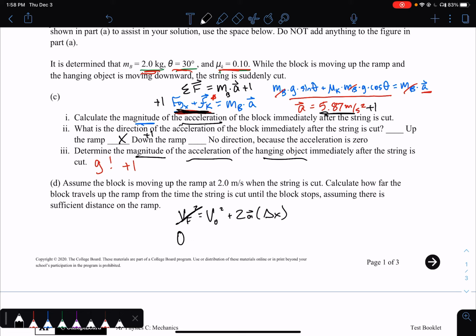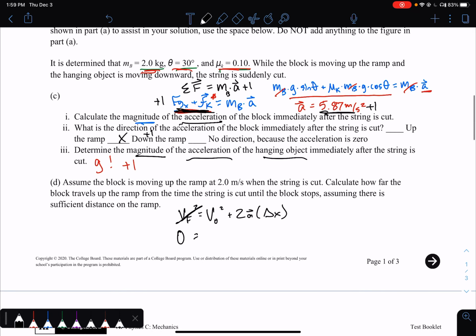And this is where the mistakes were made: if you said up the ramp was positive, then your acceleration needs to be negative, whatever you got for that acceleration. And then you would just solve for that delta x.